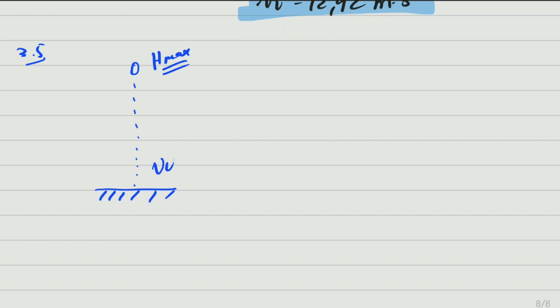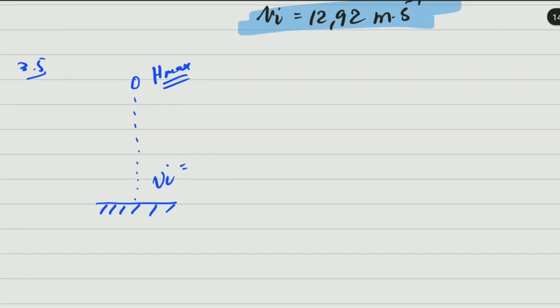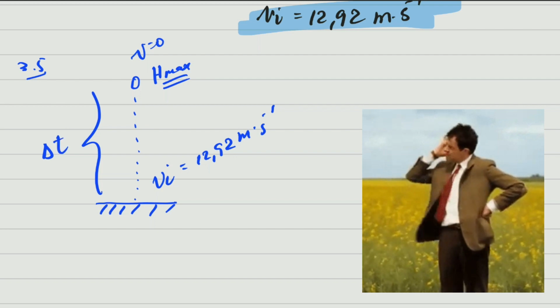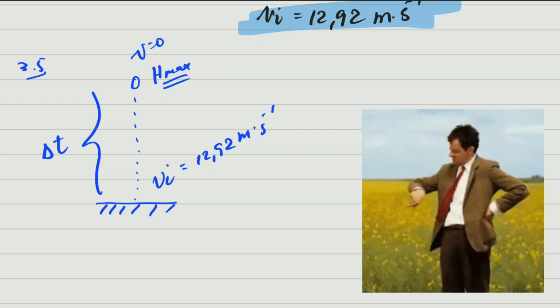We have the initial velocity, which was just calculated and is 12.92 meters per second. We have the final velocity here, which is 0 because it's at the maximum height, and the time is what we are looking for. And the acceleration is 9.8 downward.